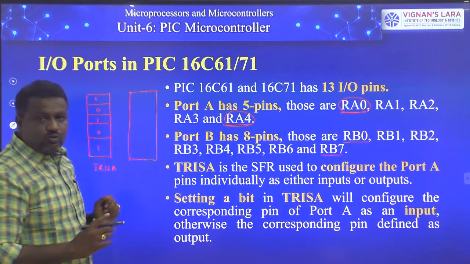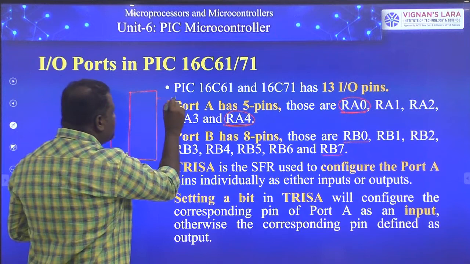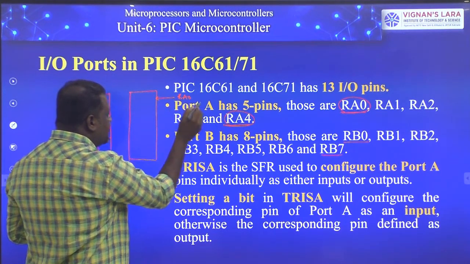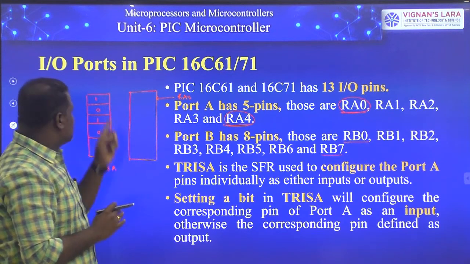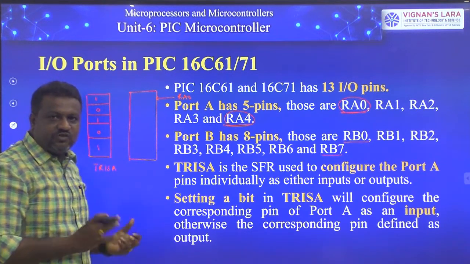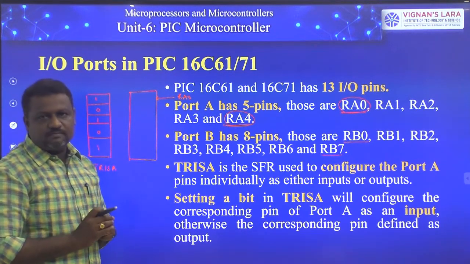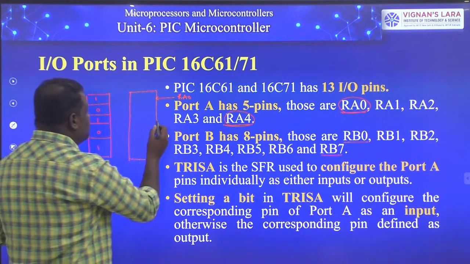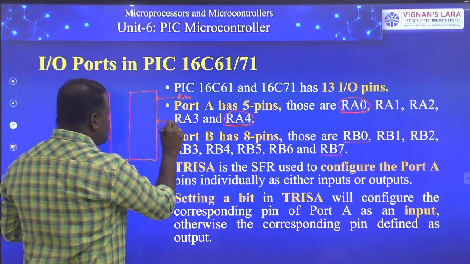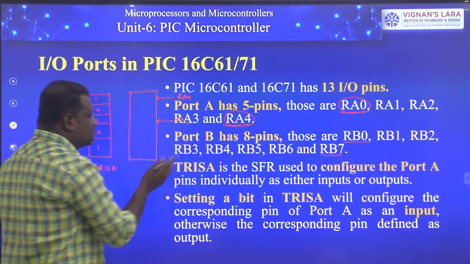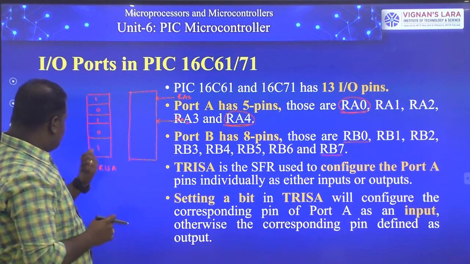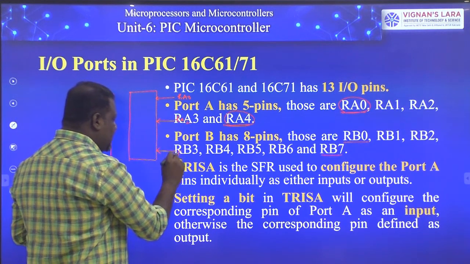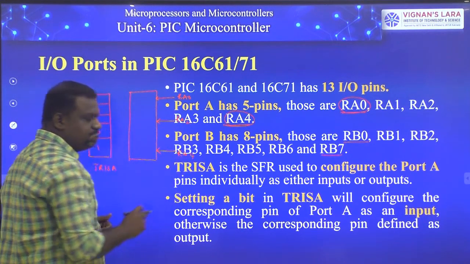If this bit is 1, then I configure my port A signal RA0 as input, because its corresponding bit in TRISA is set to logic 1. Similarly, this bit corresponds to RA2, so RA2 is also set to input, and this is for RA4, which is also set as input.